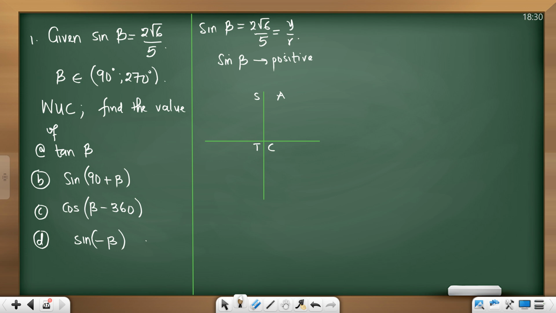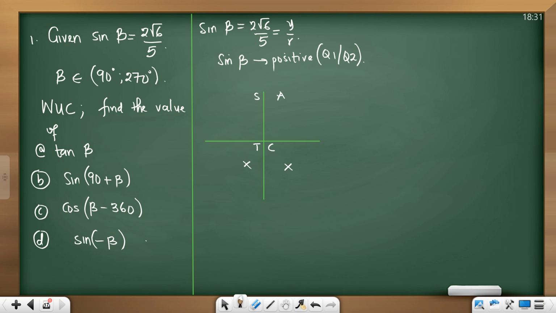Since we are given it is positive, it cannot be the fourth, neither can it be the third. Let me know if that makes sense. Already I've cancelled out quadrant 3 and quadrant 4. Why? Sine is only positive in the first and the second quadrant. So I'm looking at Q1 and Q2.